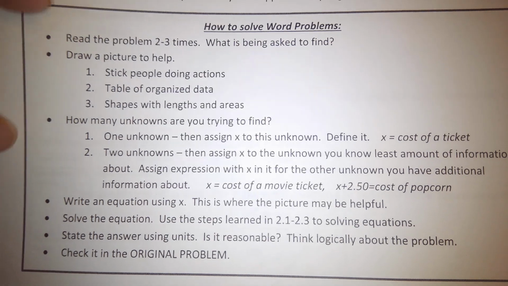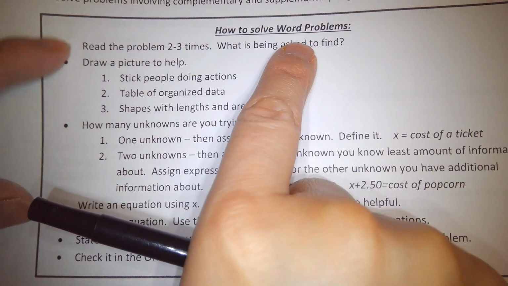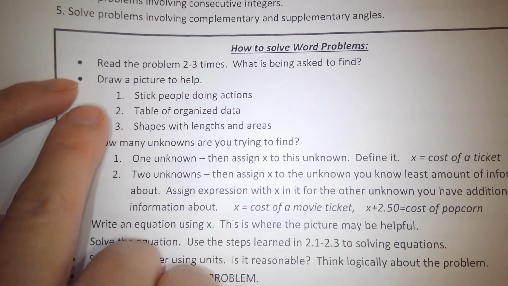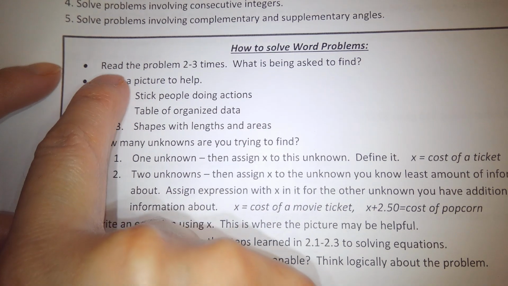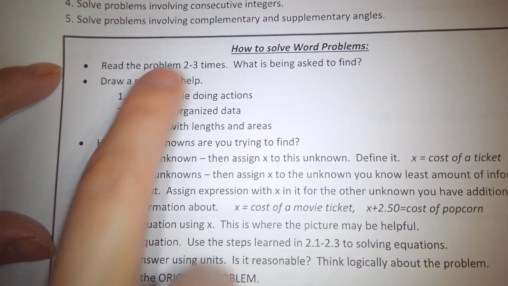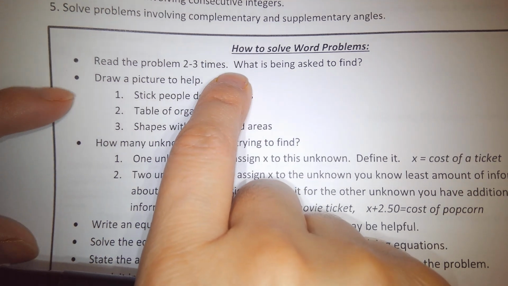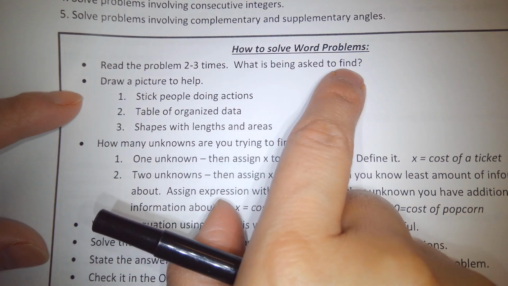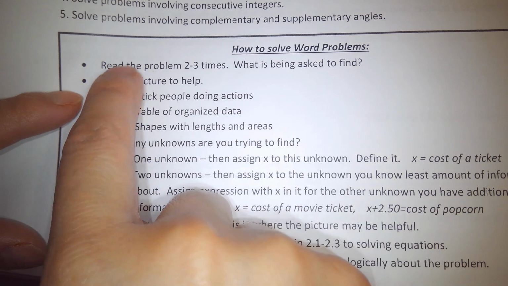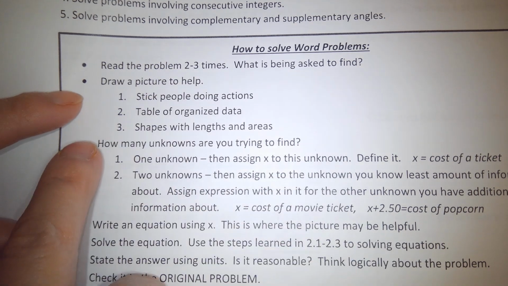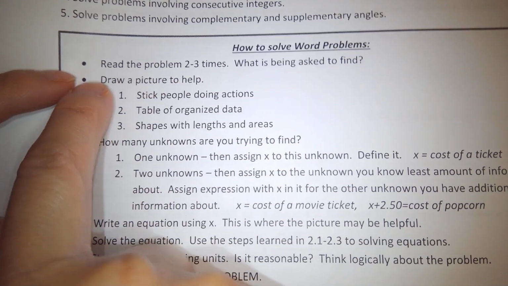Very good, thanks. Okay, so how do you solve a word problem? We have some steps. First step, we have to read it a couple of times to get to know this question. What is being asked to find, what is the given information? Read the problem a couple of times. Step 2, what do we do?